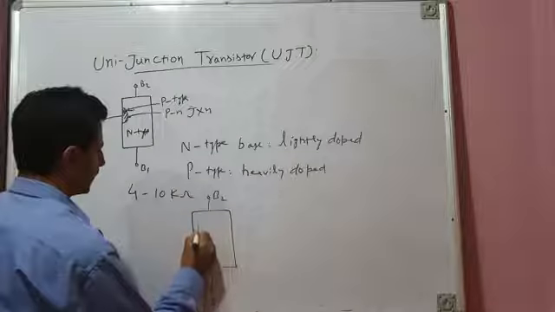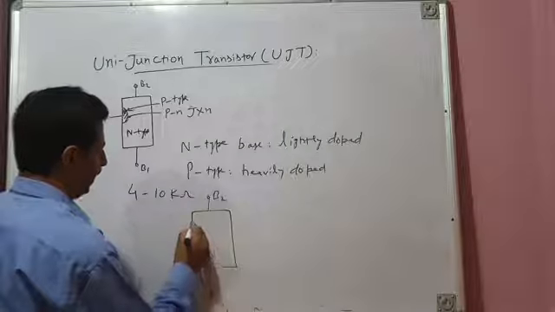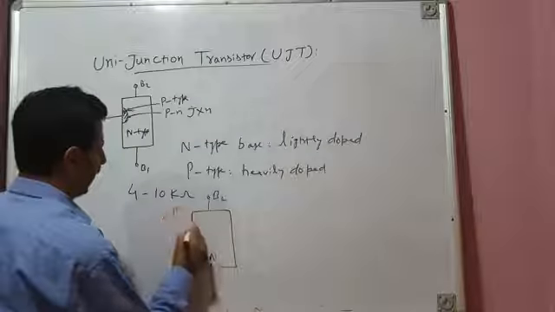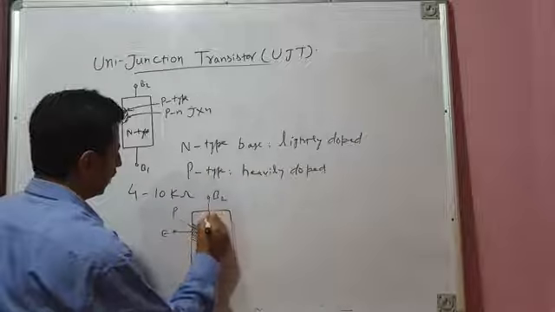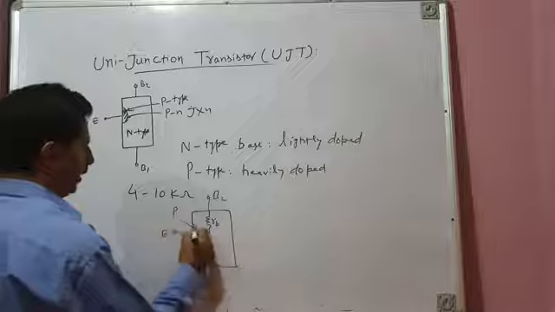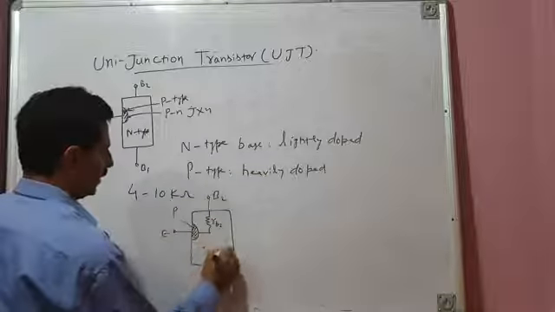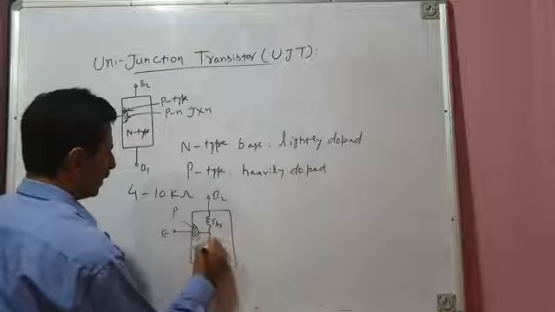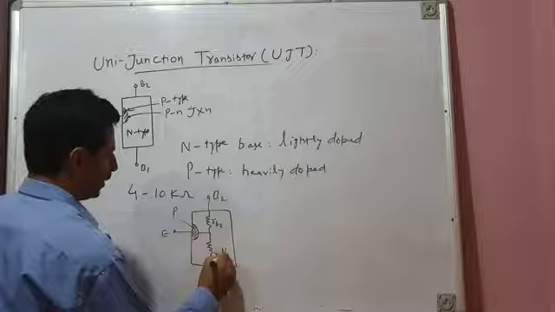This is your P-type material, this is N-type material, and this is emitter terminal E. If you show the resistances, this is the resistance between the emitter and base B2, let us call this RB2, and this is the resistance between the emitter and base B1, let us call this RB1.